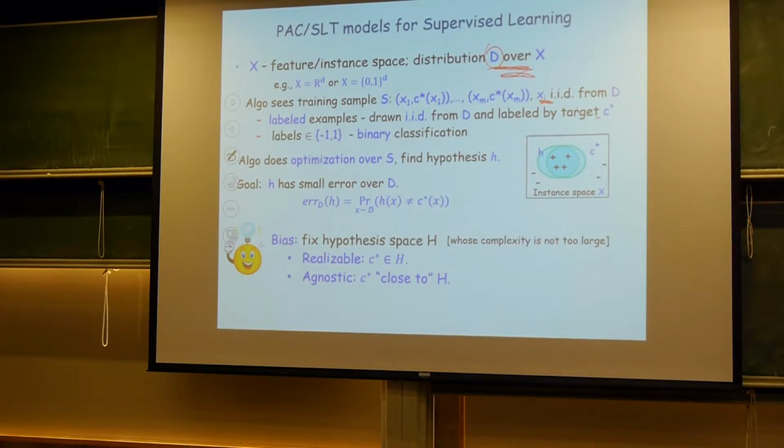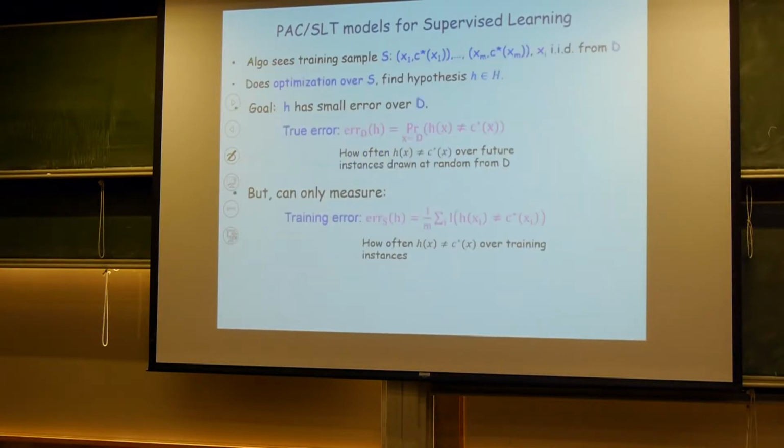Now, recall, we'll use labeled samples drawn at random from the underlying distribution, labeled according to some fixed but unknown target function. Our goal is to output a hypothesis function that does well on new examples that come from the same source, with a small error rate. Again, we discussed this last time.